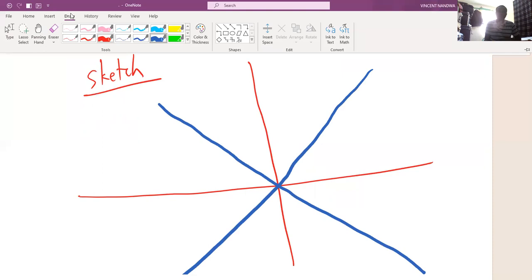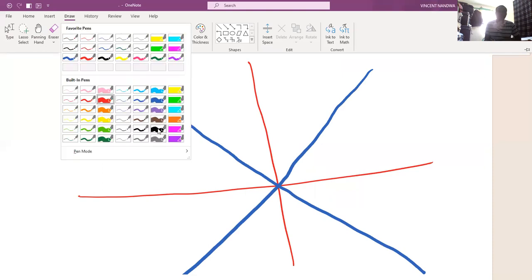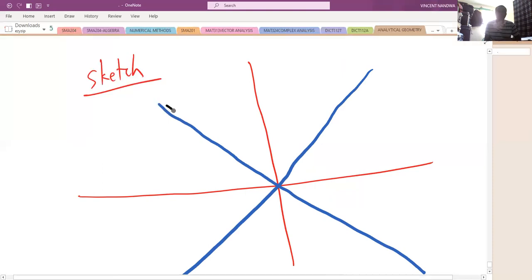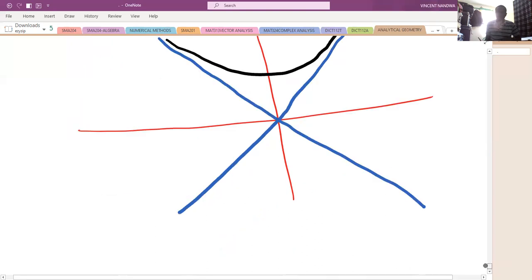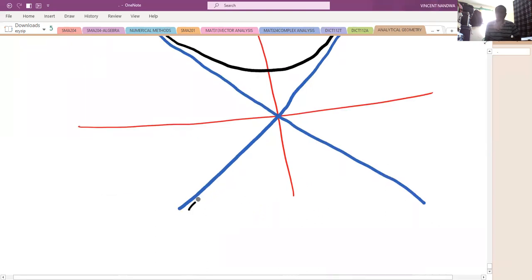So this is 5/4, and this is negative 5/4.